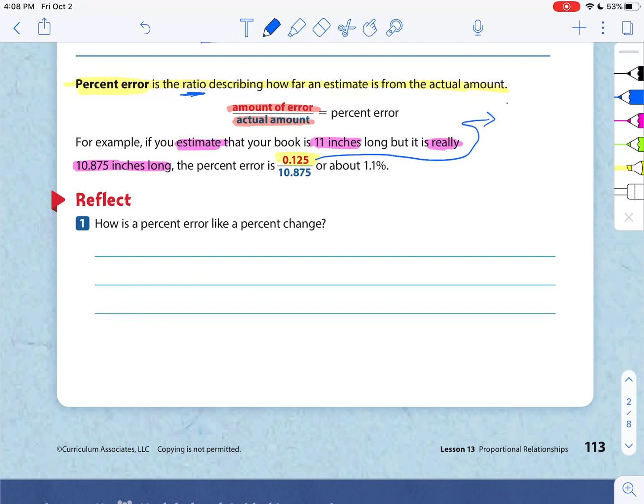We subtract what we thought it was, our estimate, minus what it actually was. And when we subtract, we're going to have to borrow from all of our neighbors. And we get 5, 2, 1, bring down your decimal, 0. So that's where we get the 0.125. So remember, you want to subtract your estimate and your actual to get that top number. And then when we divide those, that's where we get 1.1%.